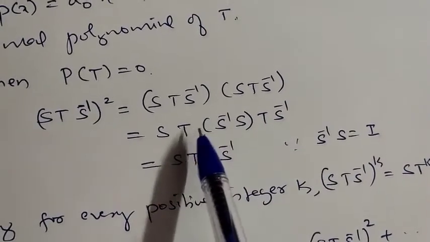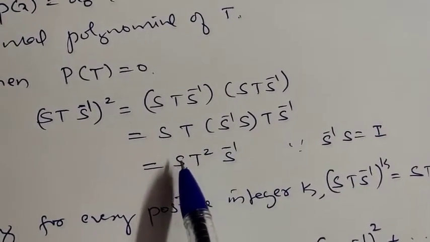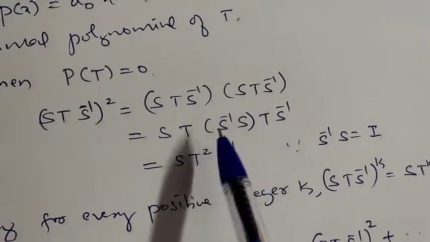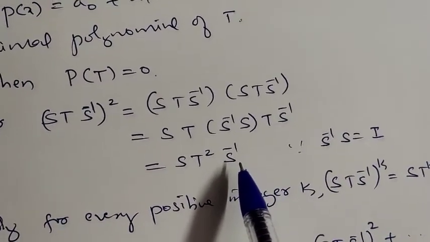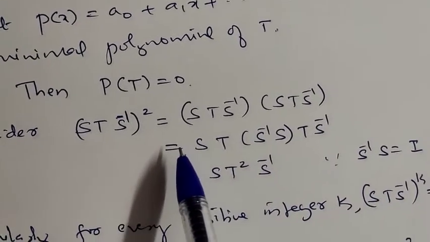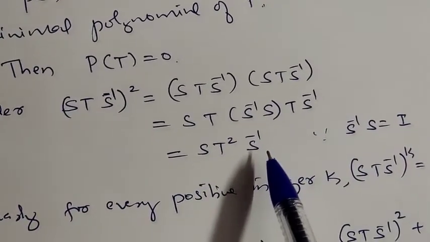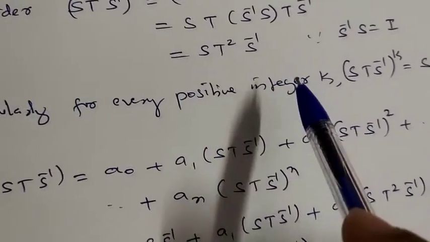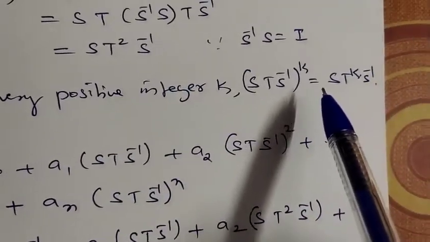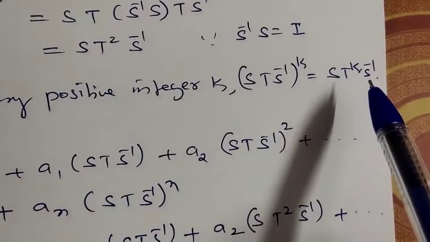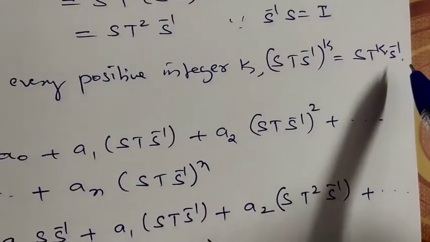So I into any transformation is itself. So s into t into I into t means s into t square into s inverse, means s t s inverse whole square is s t square s inverse. Similarly, for every positive integer k, s t s inverse whole power of k is what? s into t power of k into s inverse.